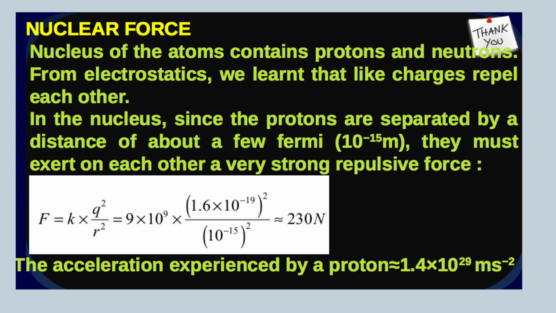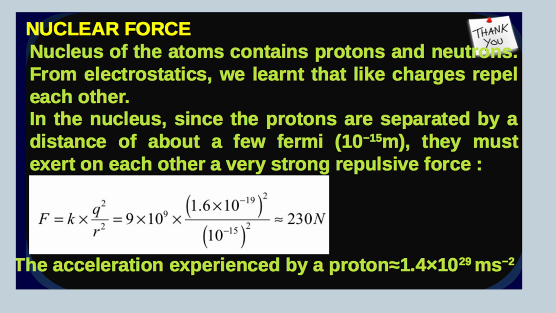So the protons should come out of the nucleus because of this high force between them, but instead they remain in a compact nucleus with a density of 10 to the power 17. Why is that? Obviously there must be a strong attractive force, stronger than this, and that attractive force is the nuclear force.